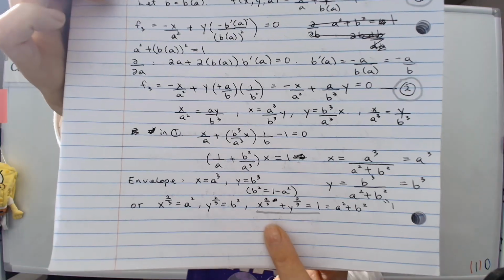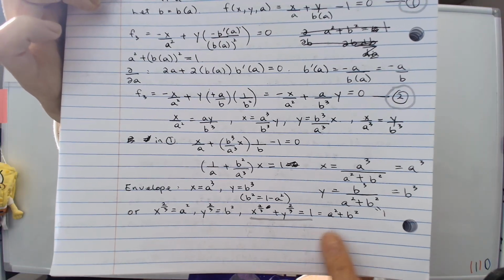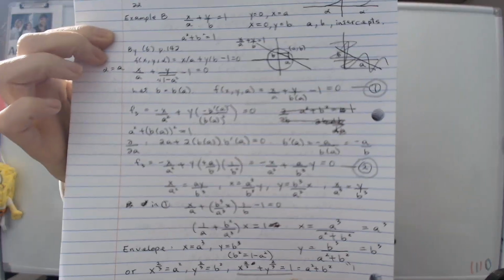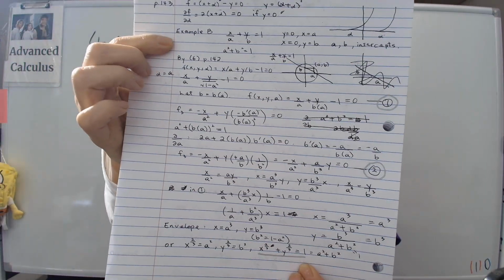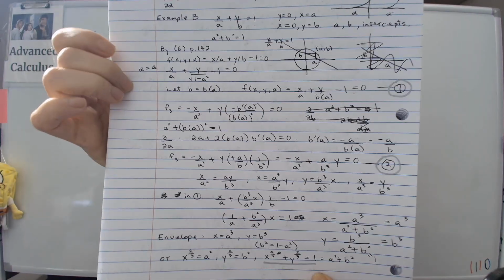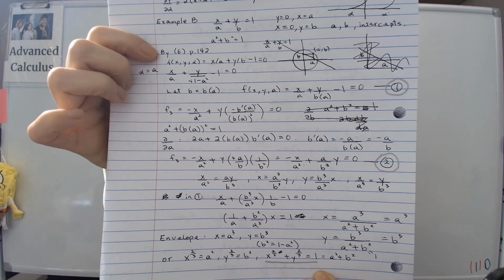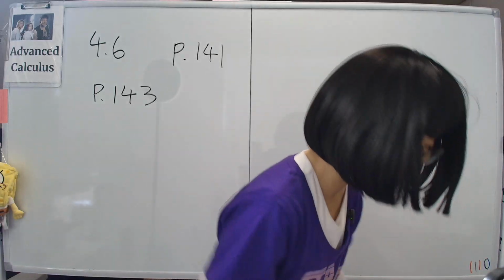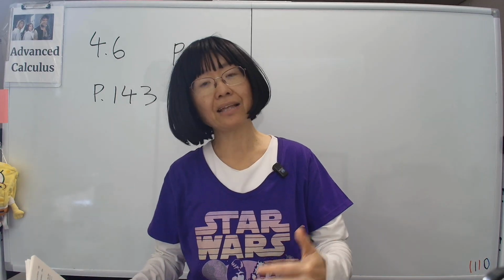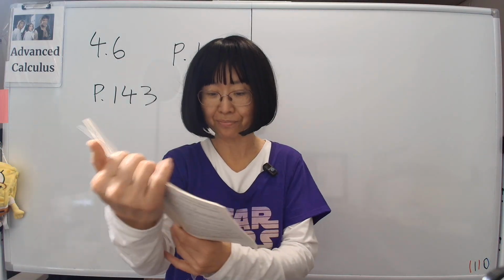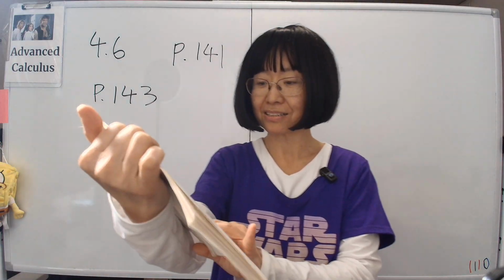Eventually, we figure out that, with a squared plus b squared being 1, we get this final solution. So it's a bit of algebra, but it's not bad. Please do this yourself to confirm that example B works out by applying equation 6 on page 142. It's just a straightforward application. You take the function, then take the derivative with respect to alpha, and then just solve. One way or the other, it's going to come out.